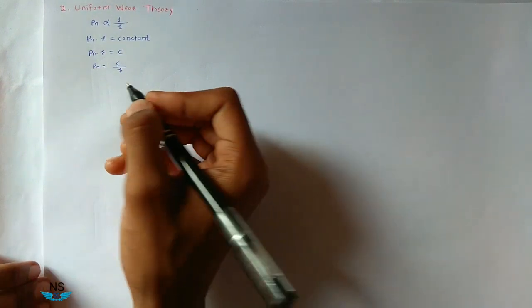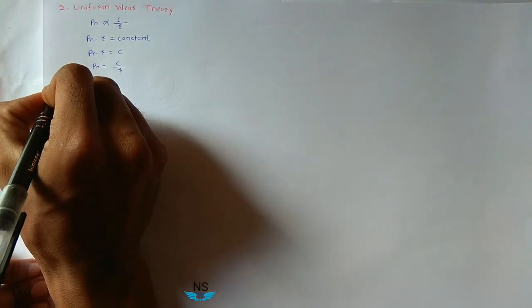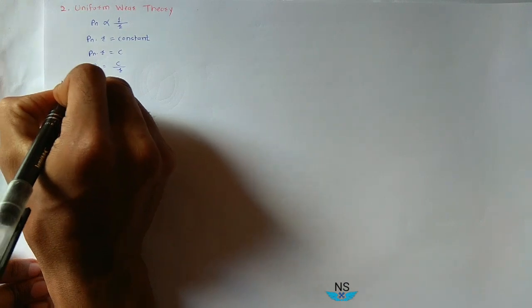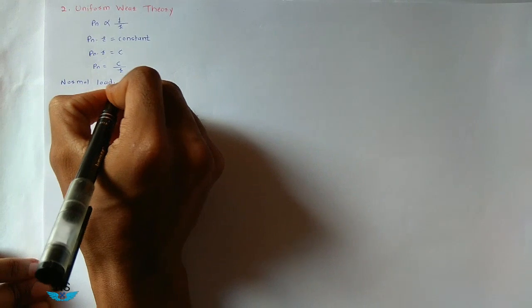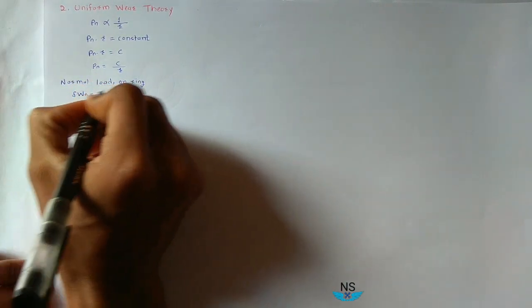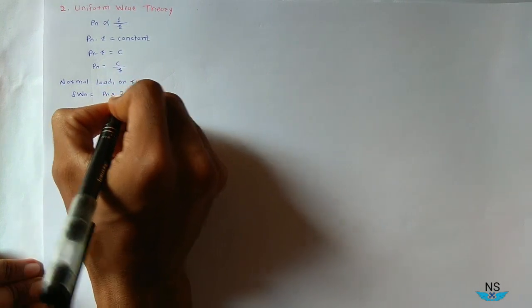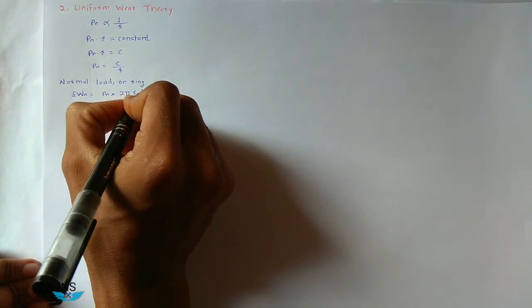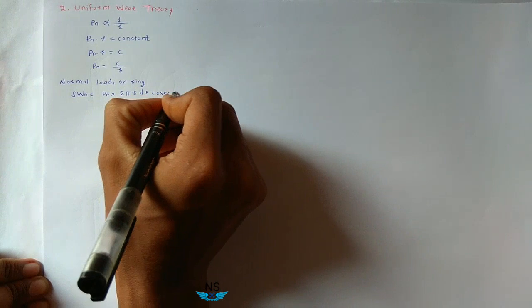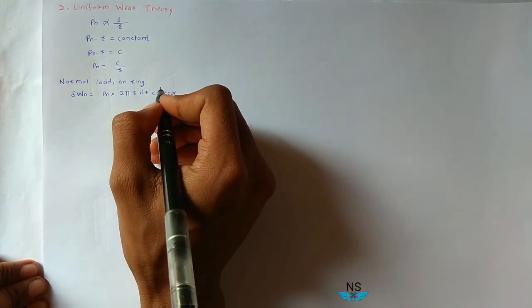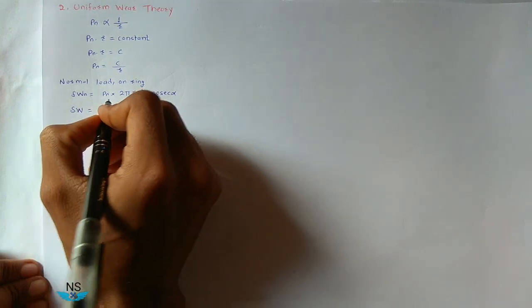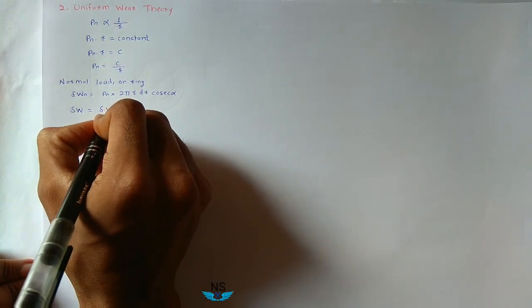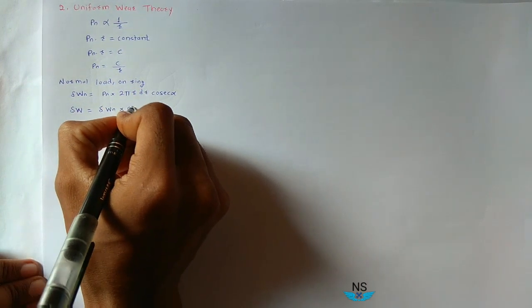Now from previous derivation we know the equation for normal load on ring: delta Wn is equal to Pn into area, that is 2 pi r dr, into cosec alpha. Then we know that delta W is equal to delta Wn into sin alpha.